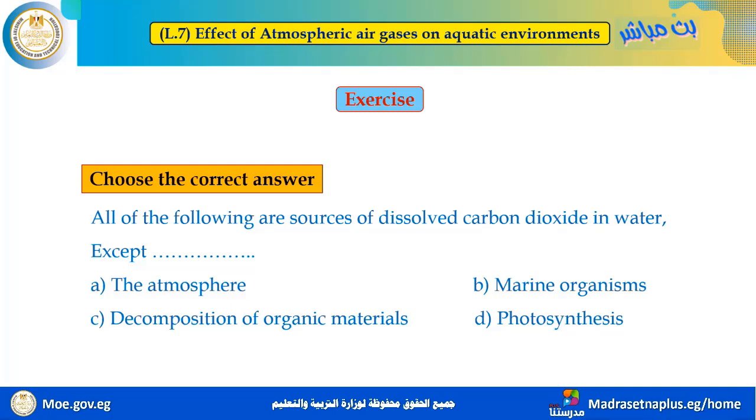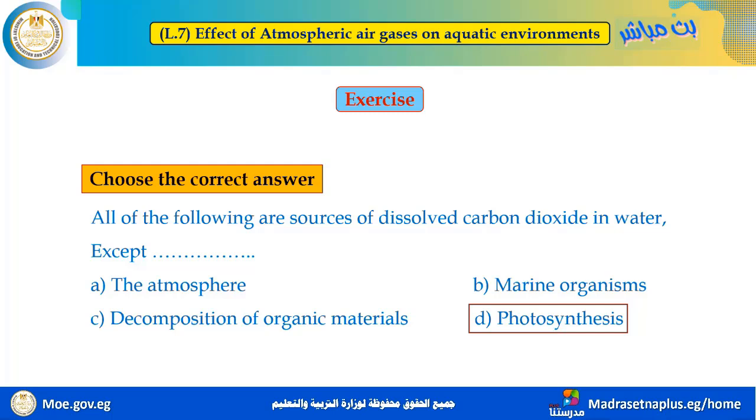All of the following are sources of dissolved carbon dioxide in water except: the atmosphere, marine organisms, decomposition of organic material, photosynthesis process. Yes, you are right, it is the photosynthesis process. Why? Because in the photosynthesis process, the living organism needs carbon dioxide, not releases carbon dioxide.